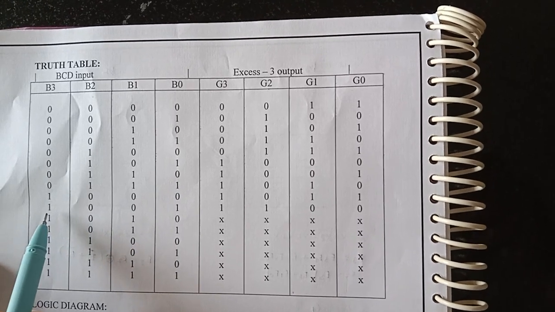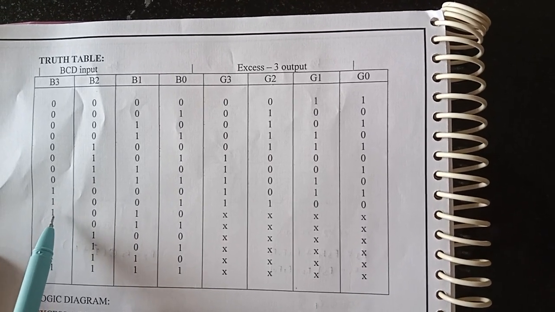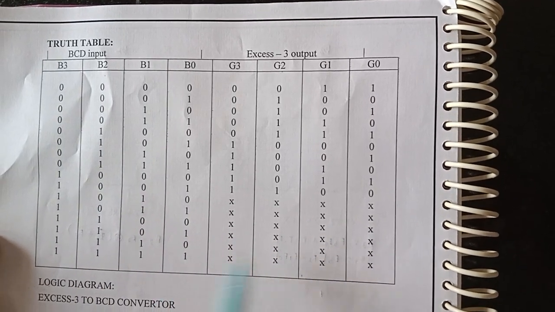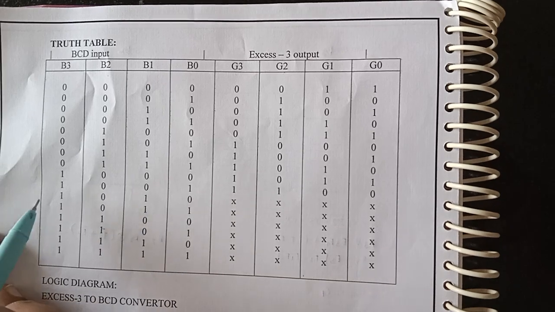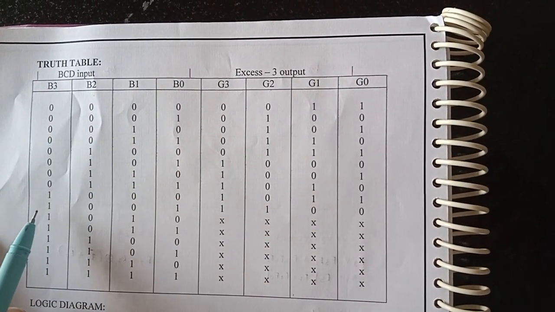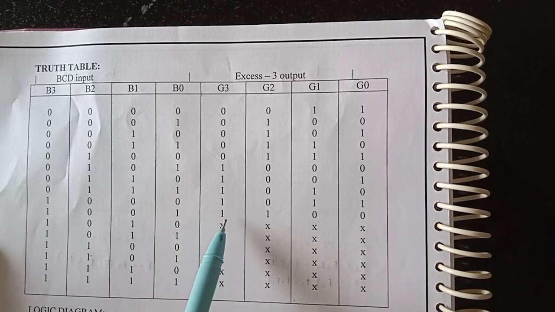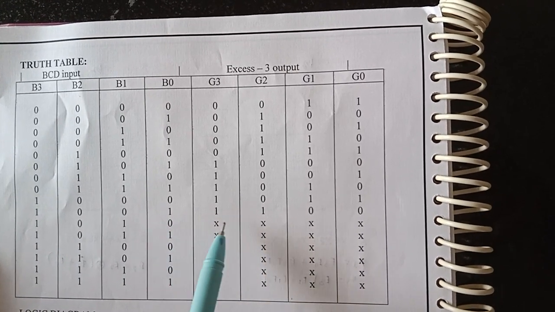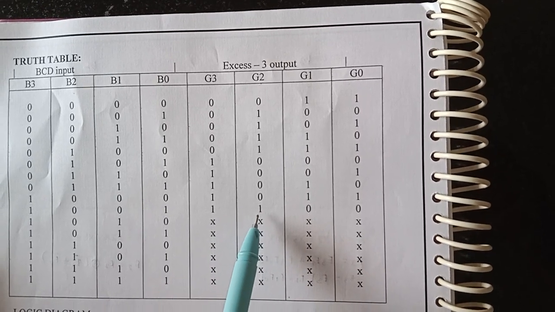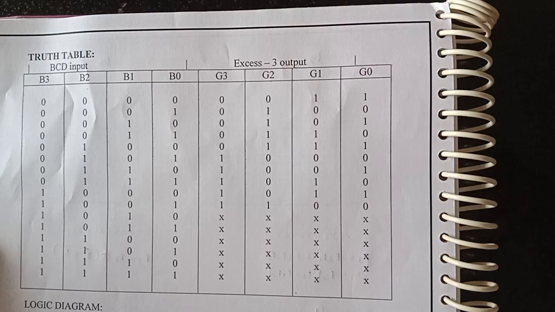If the value exceeds 9, that is 1, 0, 1, 0 and above, our excess-3 output will be in the don't care conditions. We only convert BCD inputs 0 to 9 to get the excess-3 output. For input 9, the excess-3 output is 12, because we are adding plus 3 to the BCD input.